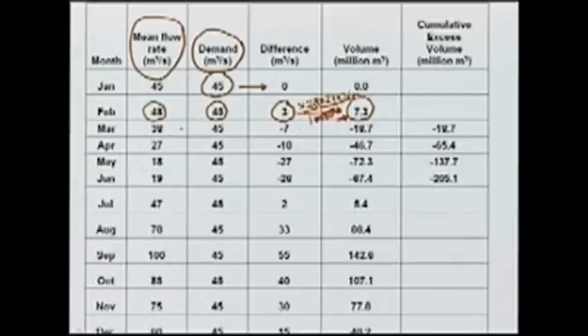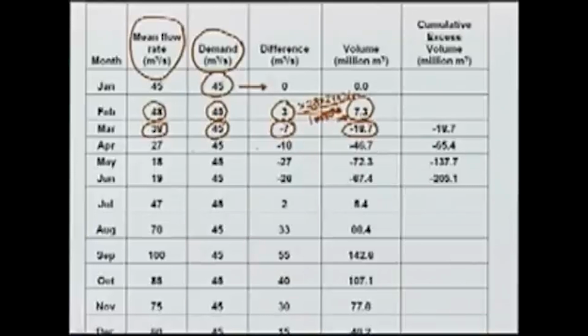Now, after February, if you look at the March data, in March we have a supply of only 38 cubic meter per second, while the demand is 45. So, that means we have a deficit of 7 meter cube per second, which translates into a deficit of 18.7 million cubic meter for the month of March.